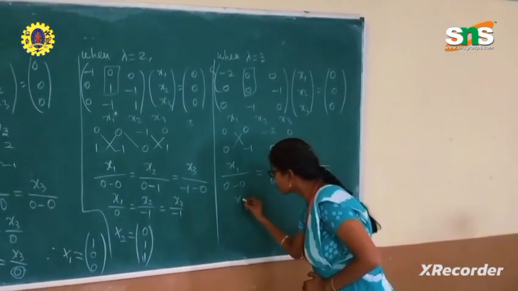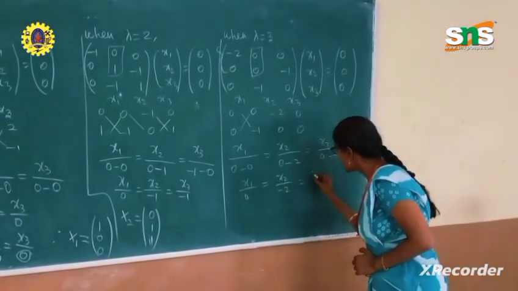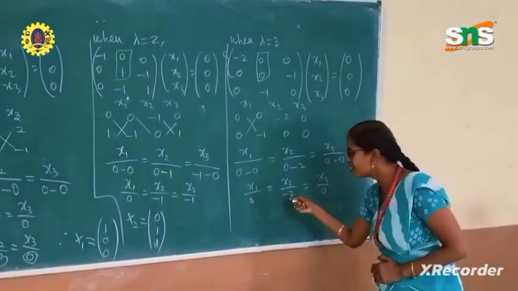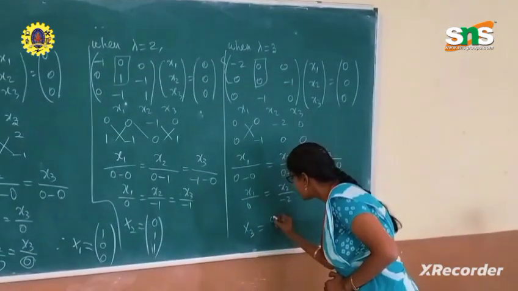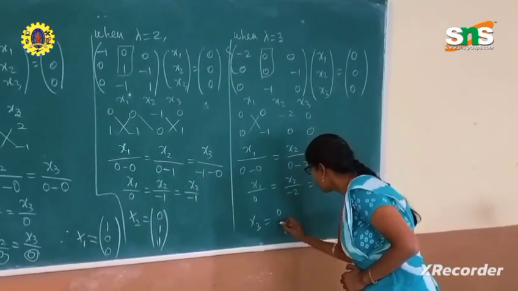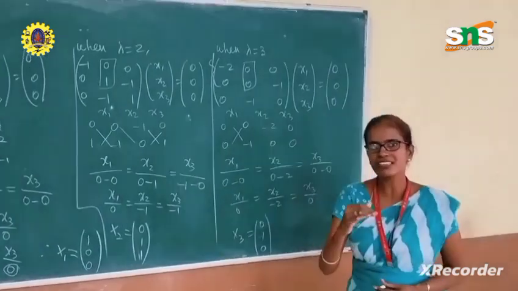Finally we get x1 as 0, x2 as minus 2, and x3 as 0. Dividing by minus 2, we get x3 as 0 1 0. This is the third eigenvector. So we have completed step 1.